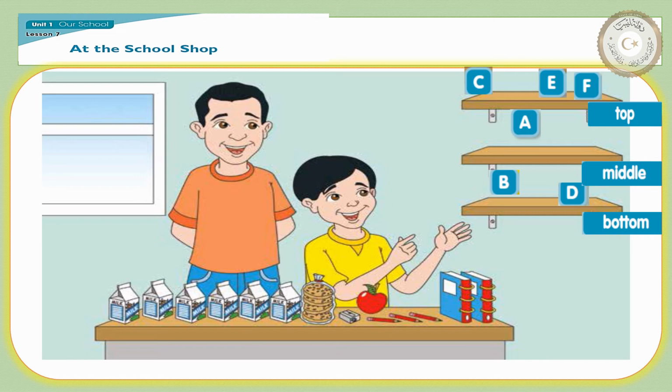What else do we have? Sharpener on the top. Apple on the bottom. Pencils on the top. Notebook on the top. Again, top, middle, bottom. Excellent.